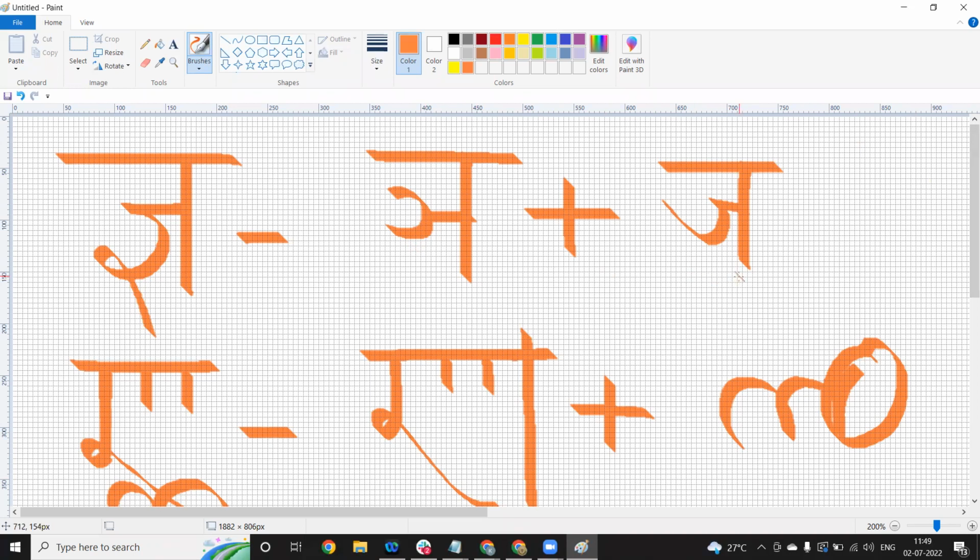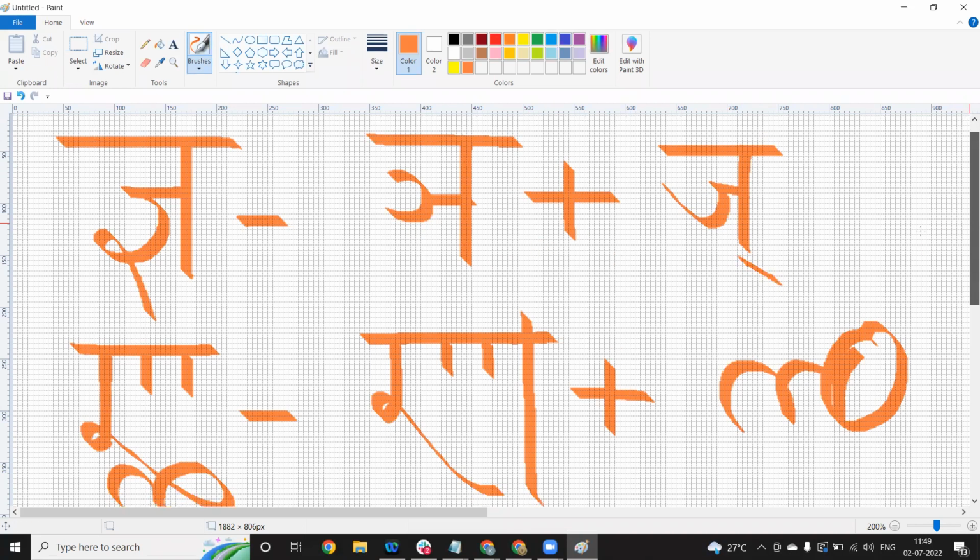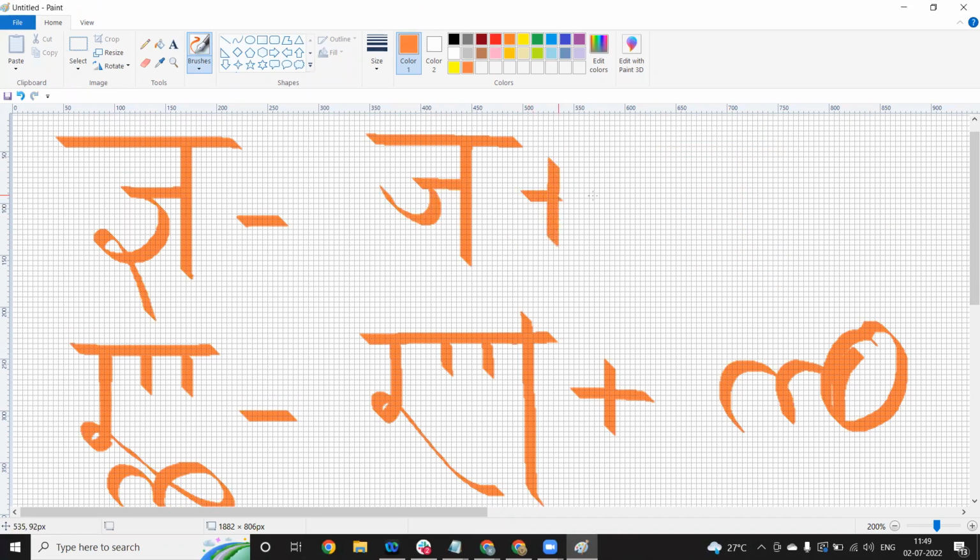So ja should be here in the beginning, and nya should be where we place na. And ja is half. So this is how we do it in Sanskrit.